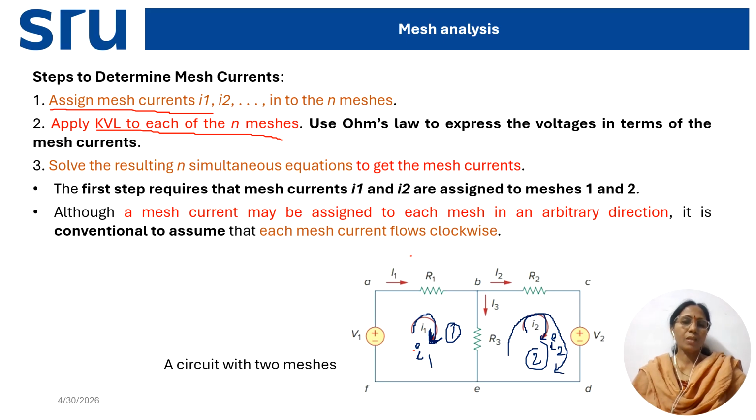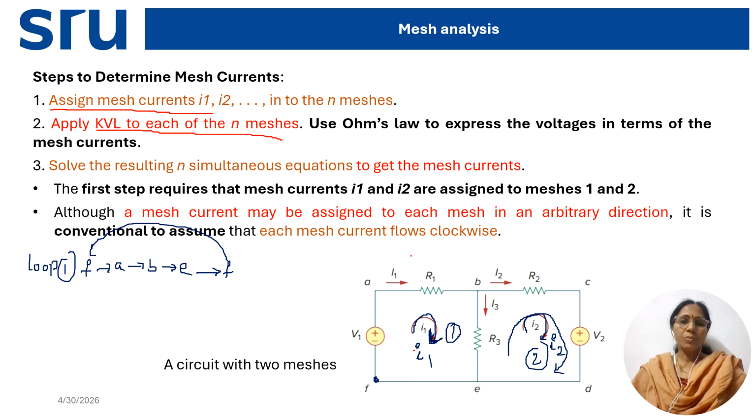For loop 1, you start from F and cover all the elements: F to A, A to B, B to E, E to F, again the starting point. So this is your loop.